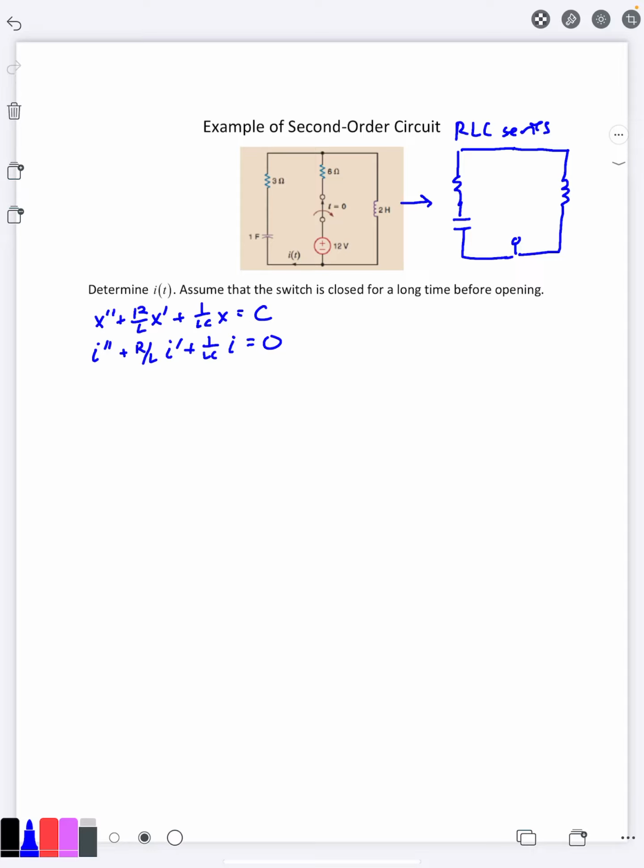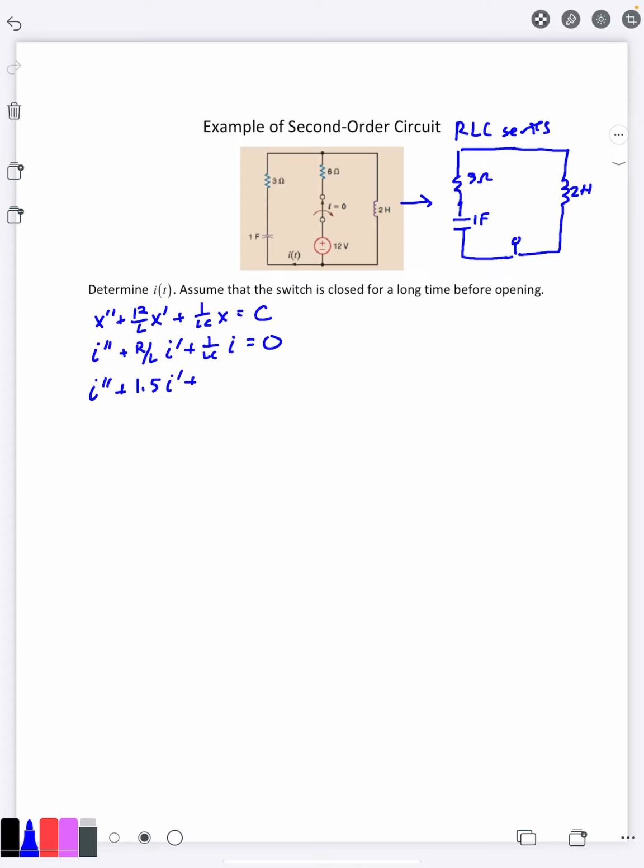So we go ahead and plug in what we have. My R is 3. Let me write that over here. 1 farad, 2 henries. So my R over L is 3 over 2. That's going to be 1.5 I prime.